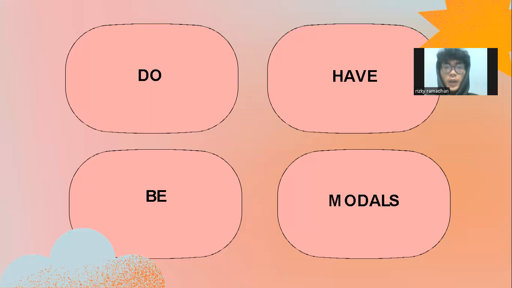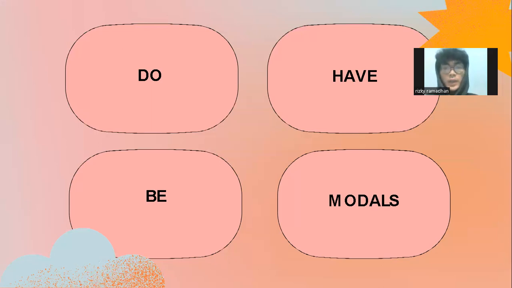Auxiliary verb have is usually followed by past participle or verb 3. However, if the auxiliary verb have is followed by been, then the verb can be in the form of a present or past participle. For example, I have been waiting for you for all this time.